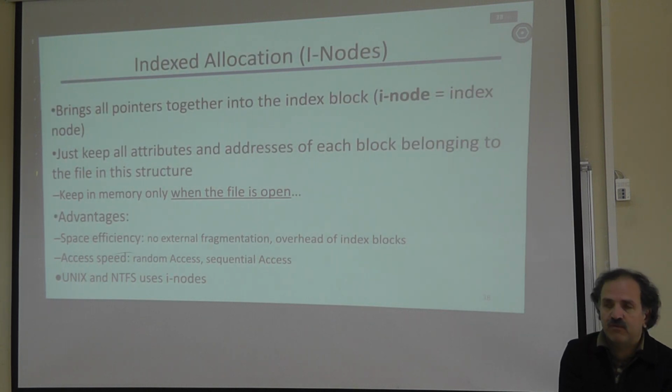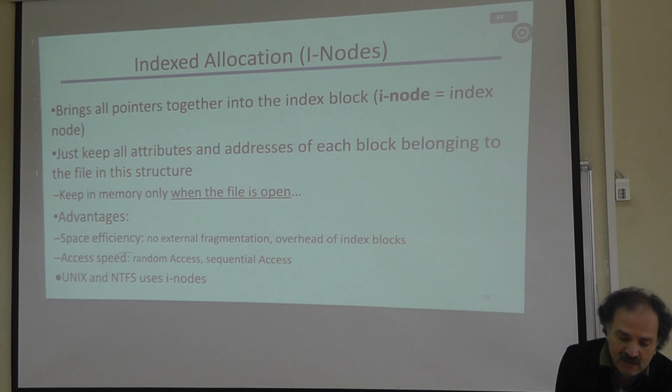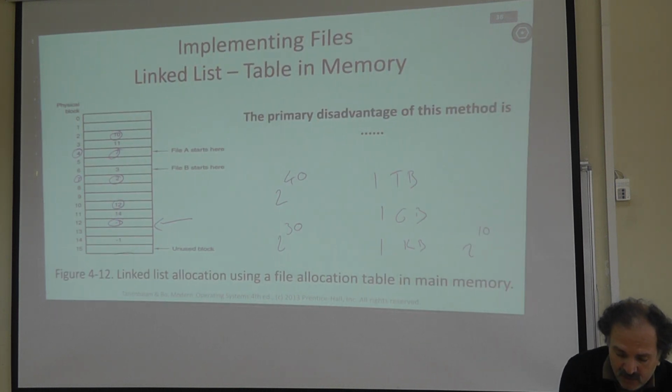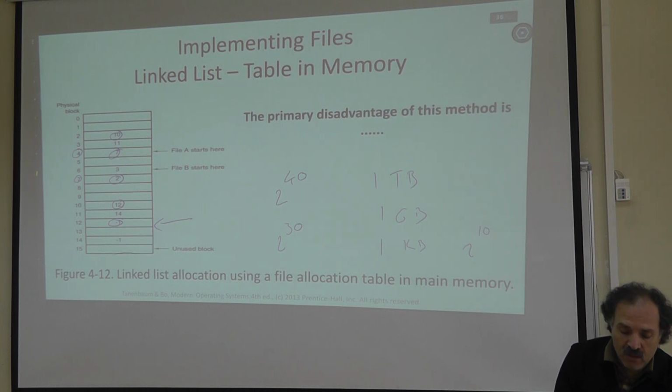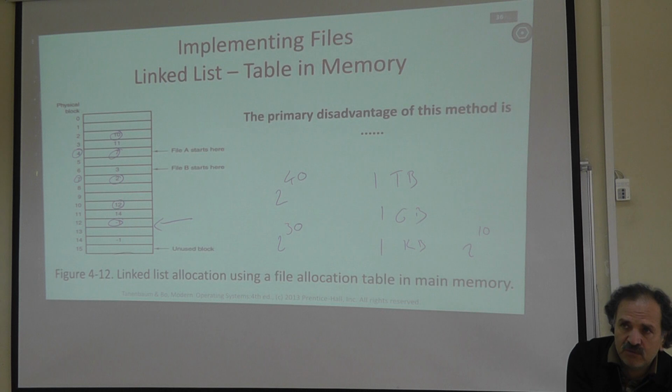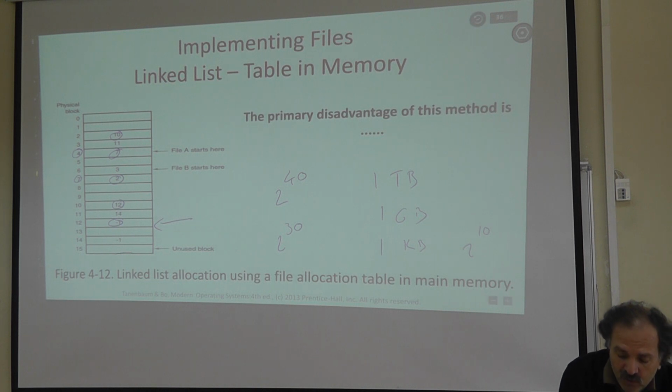UNIX has some solution for this problem. UNIX says, okay, this is a very good approach. Let's use this approach, but I don't want to keep all of this FAT table inside my memory. I want to keep the file information only for the open files.